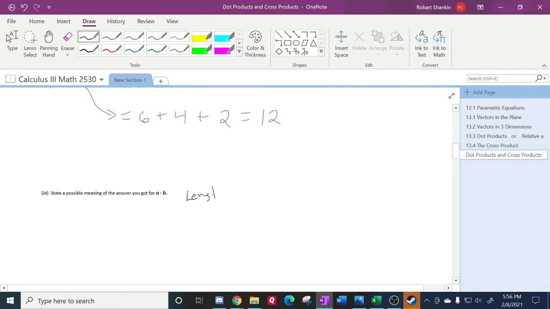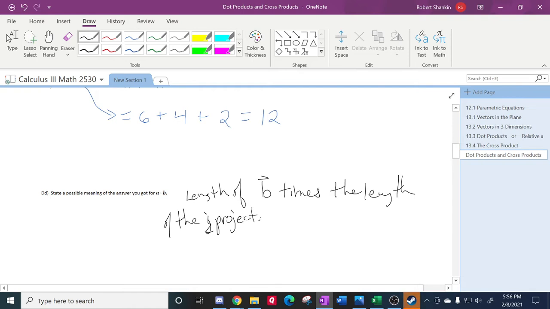Length of B times the length of the projection of A onto B, and it doesn't matter which one. Okay.